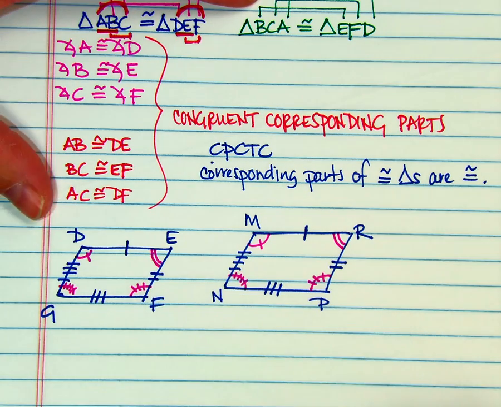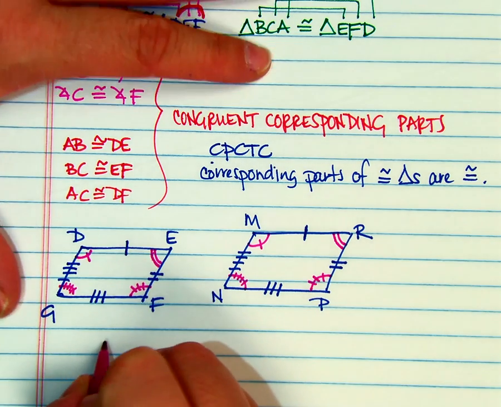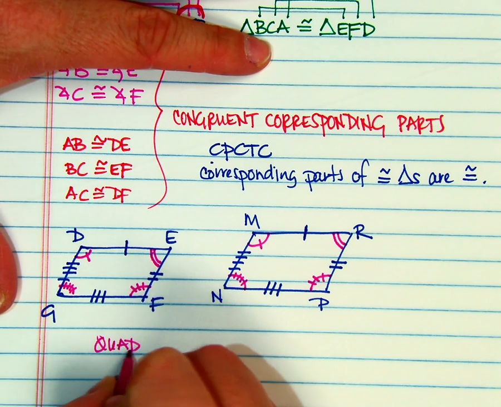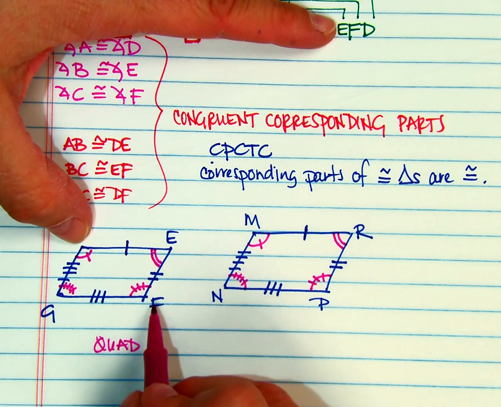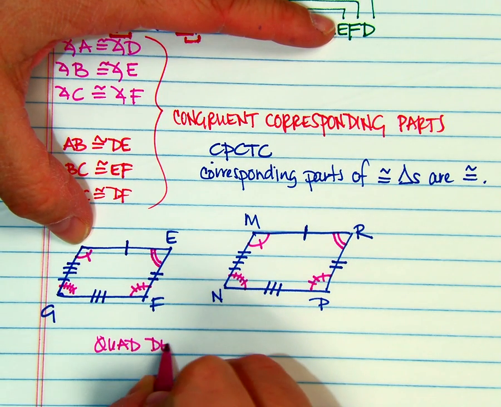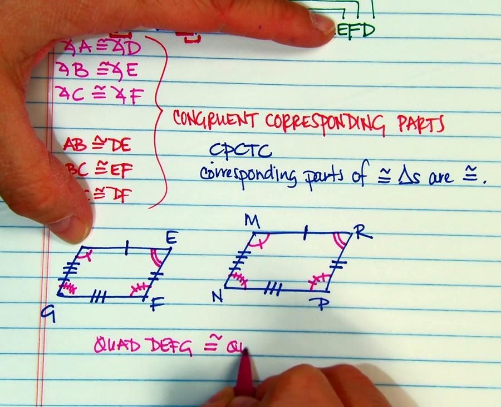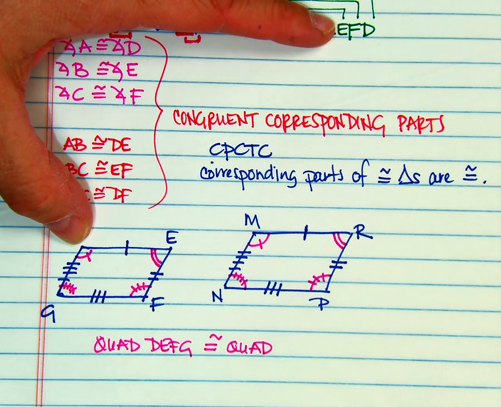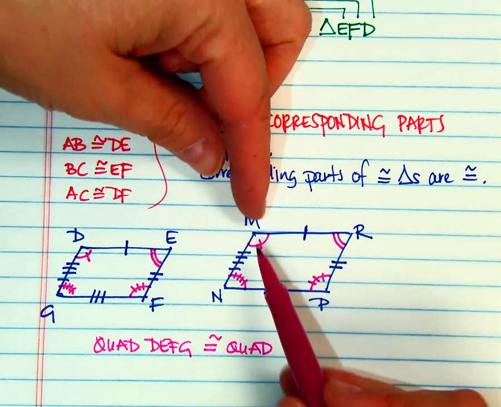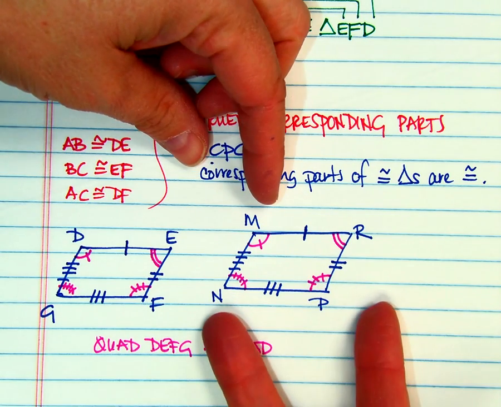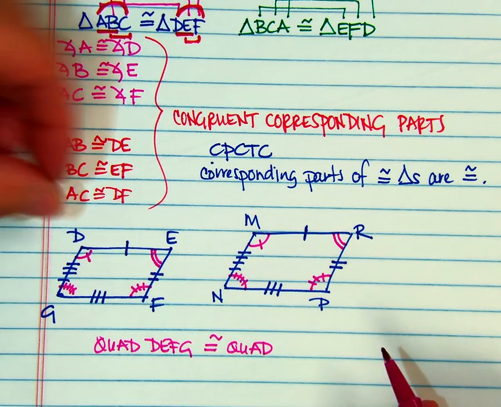So based off of this, I could say that quadrilateral DEFG is congruent to quadrilateral. Now you got to be careful that your tick marks are the same. I don't know if this is maybe flipped or something, so I'm going to look at the tick marks.